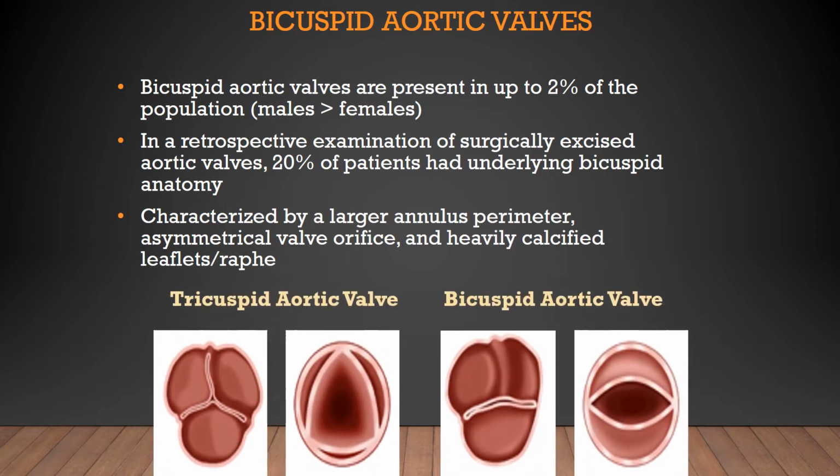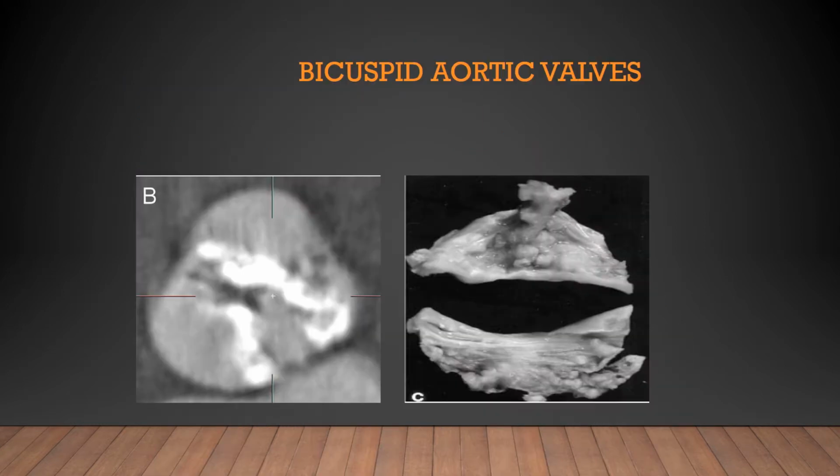So if you look at this pictorial depiction of the tri-leaflet valve on the left side and the way it opens versus a bicuspid valve, you can see a slit which is horizontal and the way it's opening. Similarly, you can see a CT scan of a bicuspid aortic valve, and you can see how calcified the leaflets are, and certainly an excised aortic valve is seen here.